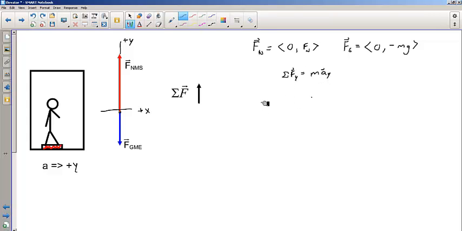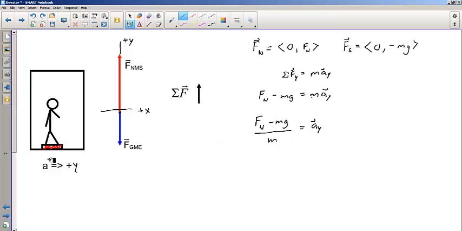So we can go ahead and substitute in what that sum is, so that'll be Fn minus mg. And we can solve for this acceleration. And it's just a matter of plugging in any known values to find that acceleration.